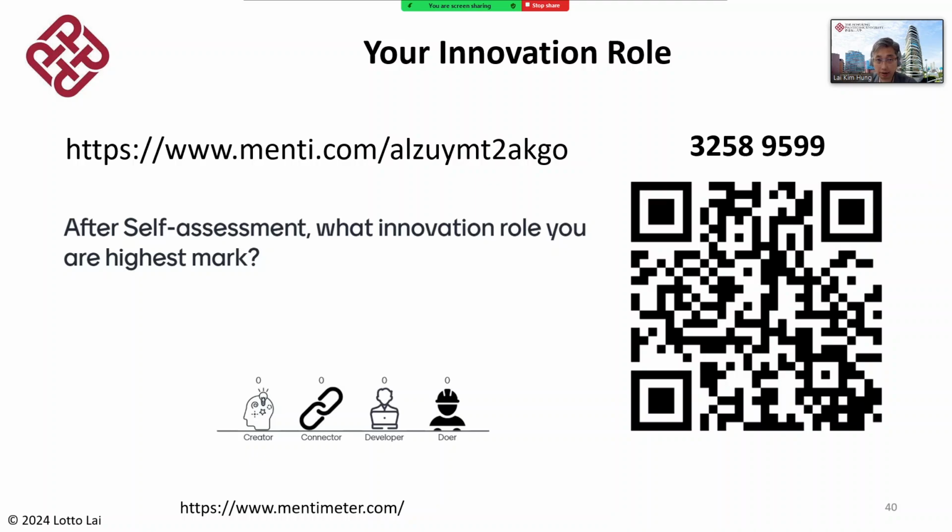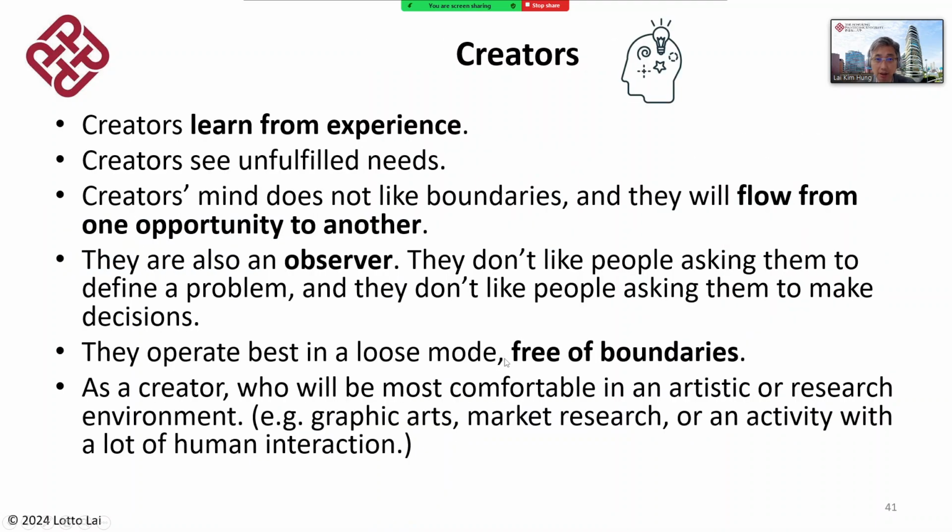I tell you, in the past, with 70 people's cards, student cards, the distribution was almost even. Very interesting. Some people favor creator, some connector, some developer, and others doer. It was an even distribution the last time I tested my cards.